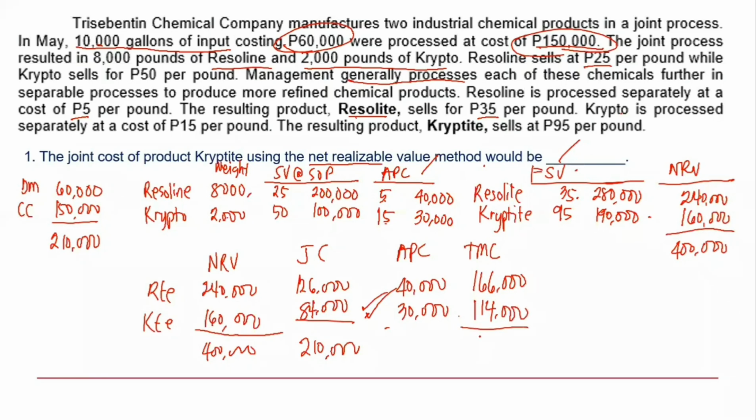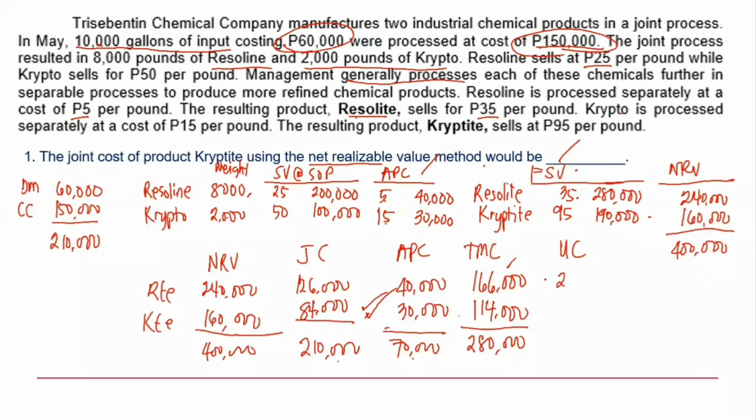So 280,000. You can also check that: 70,000 plus 210, it's 280,000. The question is the unit cost of Resolite. So 166,000 divided by the number of pounds of Resolite, it's still 8,000. So divided by 8,000, that would be 20.75.